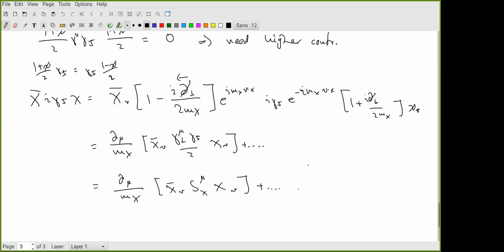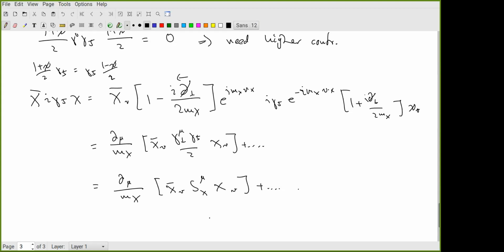Okay, and that's the general strategy. Whatever interaction you have, you insert our definition of the field, the expression for the field, and then you just calculate the leading contribution. And sometimes the leading contribution is a contact interaction, for example for the vector field. Sometimes the leading contribution is a spin-dependent interaction. Sometimes it's spin-dependent and momentum-suppressed.